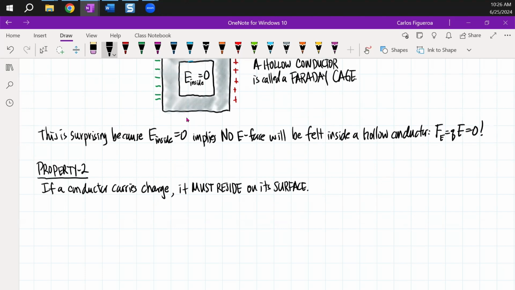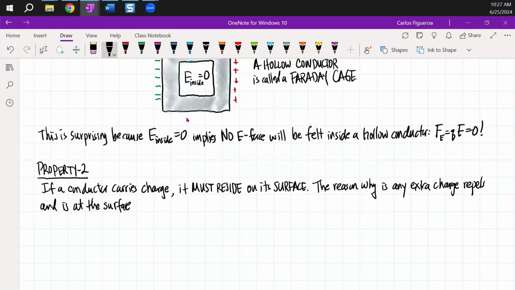And one answer you could say is that the reason why is any extra charge repels and is at the surface, implying that the net charge inside is 0.